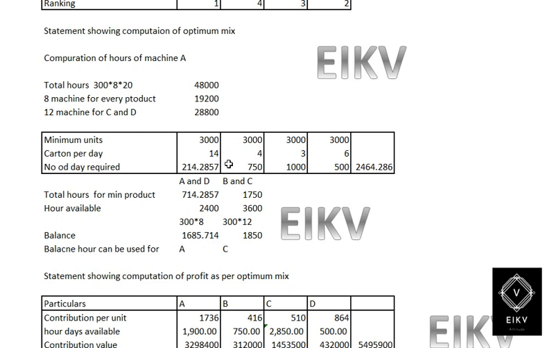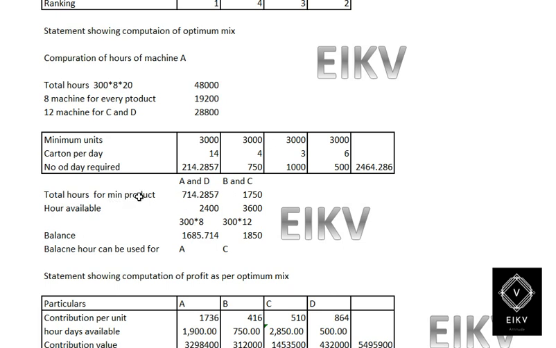That is, for product A it is 214.2 days, for B it is 750 days, for C 1000 days, and for D 500. Therefore the total days shall be 2464.